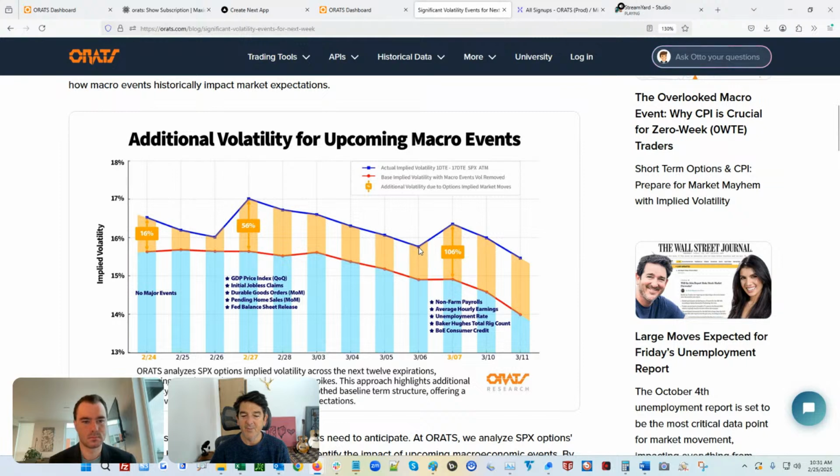So you might have purchased the 6th and sold the 7th, or bought the 11th and sold it. You could do a calendar, or if you have to do a reverse calendar, brokerages don't give you much relief unless you're in a portfolio margined account.